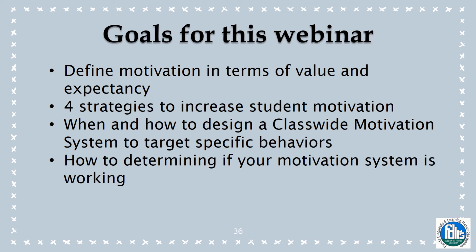So just as a reminder, the goals for this webinar were to define motivation in terms of value and expectancy. And that was, does it have a meaning for me? The what's in it for me, times do I have the expectancy to be successful, or at least mostly successful, and that's going to equal my motivation. Then I gave you 4 strategies to increase student motivation.